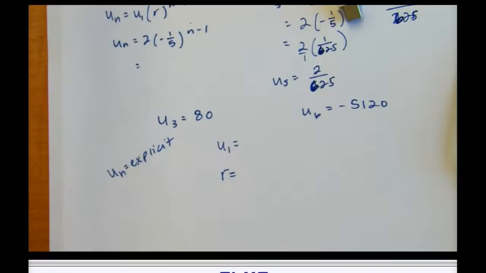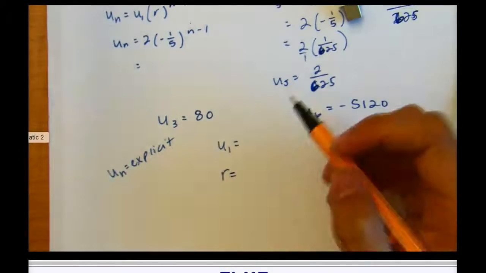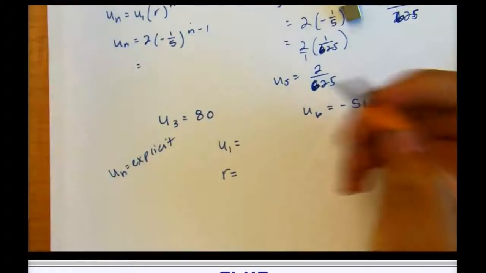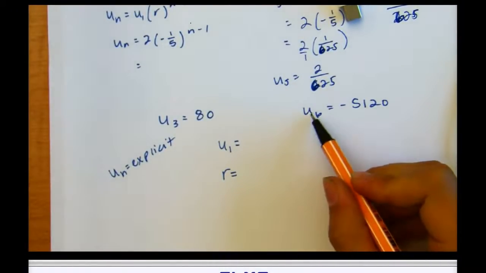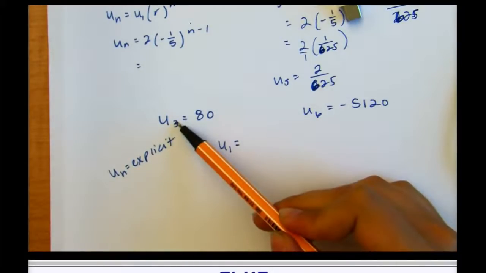Let's start with the common ratio. So before with these problems, I would tell you to take consecutive terms and divide the higher term by the lower term. In this case, we don't have consecutive terms, but we are still going to divide the larger term, or the higher term, sorry, so u sub 6, divided by the smaller term, u sub 3.